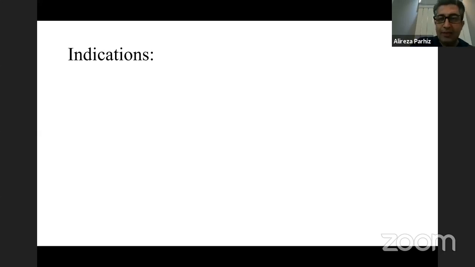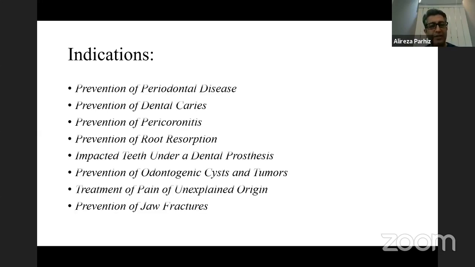As with most surgeries, we will start with the indications for third molar surgery. Here is the list of indications. As you see, prevention of periodontal disease, dental caries, pericoronitis, and prevention of root resorption, which we'll discuss one by one and show you slides and photos of these conditions.